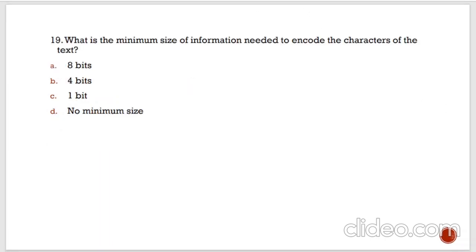Next, what is the minimum size of information needed to encode the characters of the text? We have this concept of encoding in our syllabus, and we'll be discussing it very clearly in the next video lectures. Why do we need encoding?